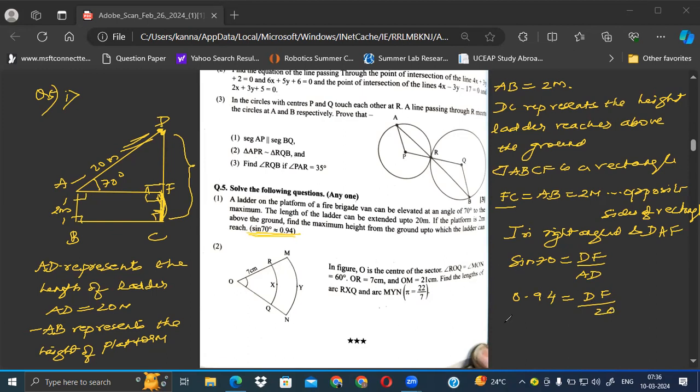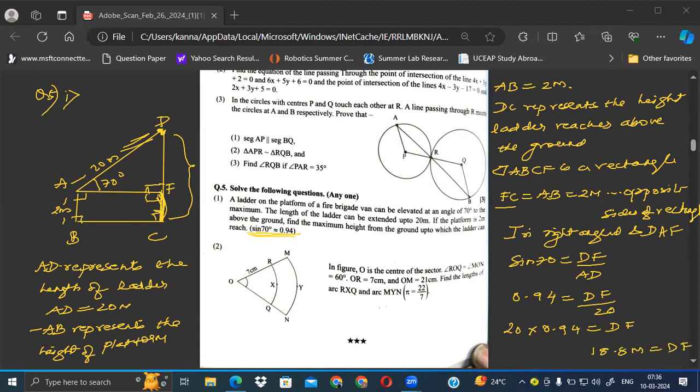So cross multiply, children. 20 into 0.94 is equal to DF. It becomes 18.8 meters.